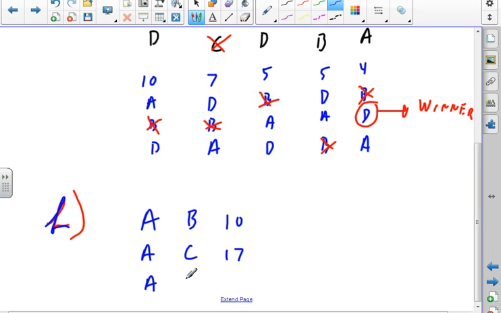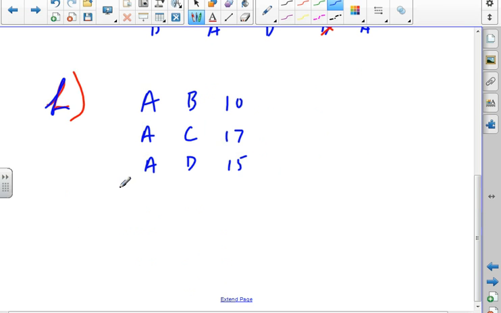A is preferred over D. 15 times. A is preferred. We run out of people. Do we run out of people? Yeah, we run out of people.